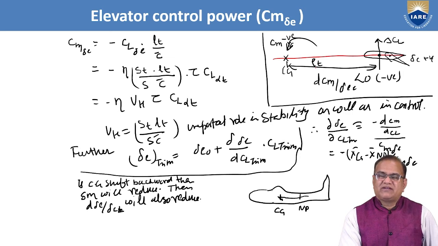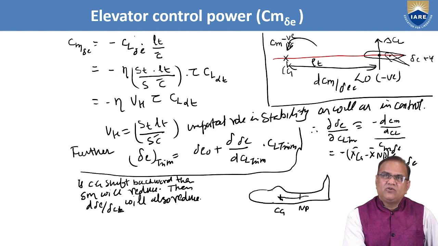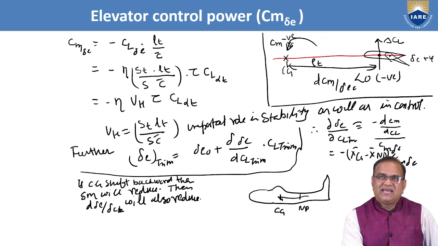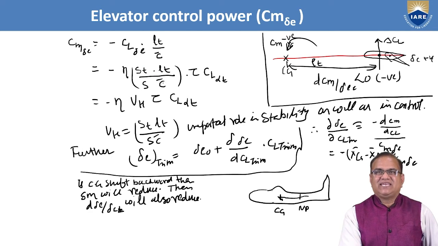To make this non-dimensional, we have to divide by C bar, and we know that Cl delta E is equal to eta St by S tau Cl alpha t, and this Lt by C bar I have put in the bracket. So St into Lt by S into C bar, into tau into Cl alpha t.